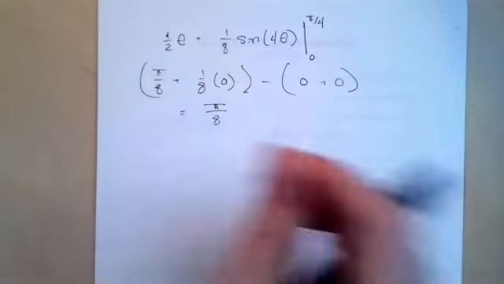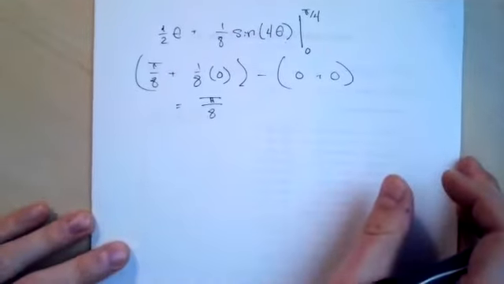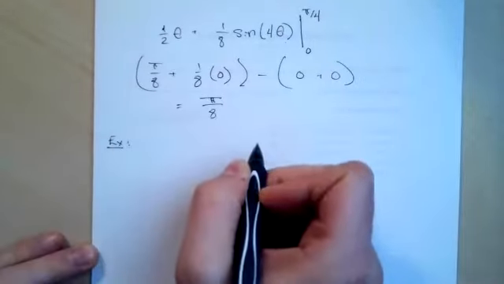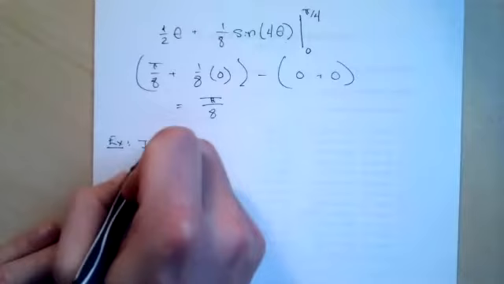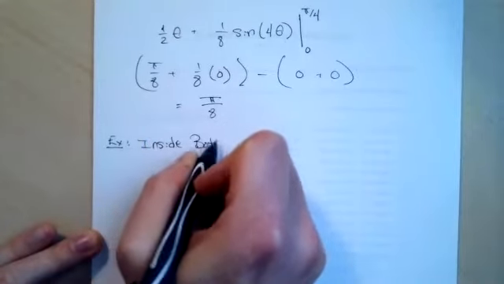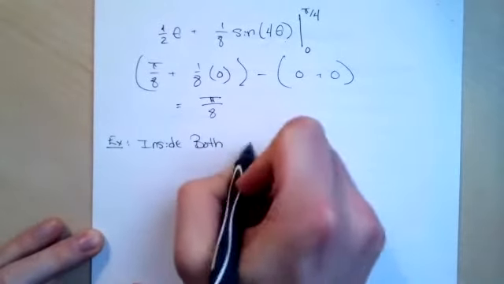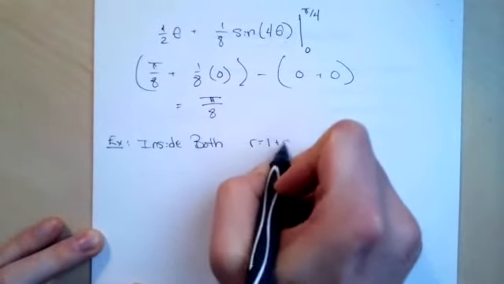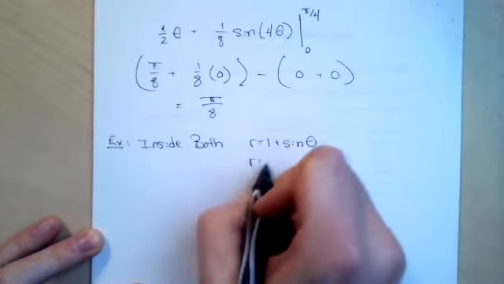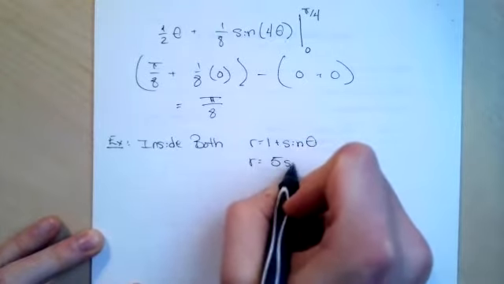It looks similar to the ones I was going to do. So the homework says inside both r equals 1 plus sine theta and r equals 5 sine theta.